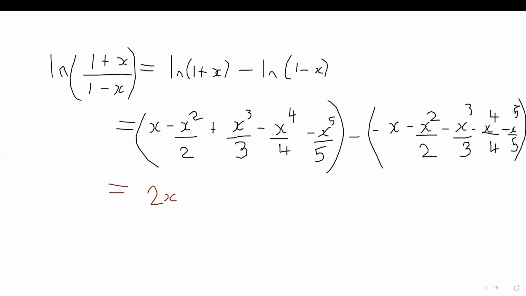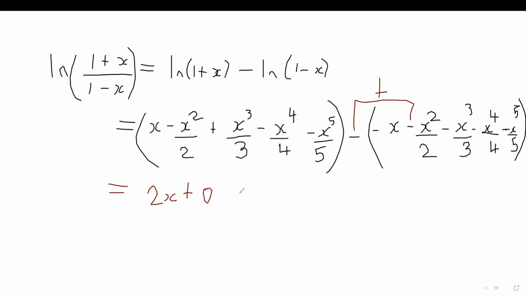That's the x part. Now, minus x squared over 2, and this minus, Marika, makes it become plus. So if you have minus x squared over 2 plus x squared over 2, that becomes 0, right? Yes, sir.